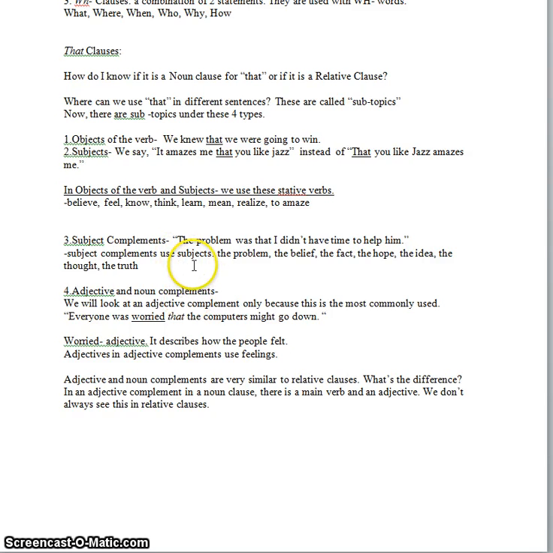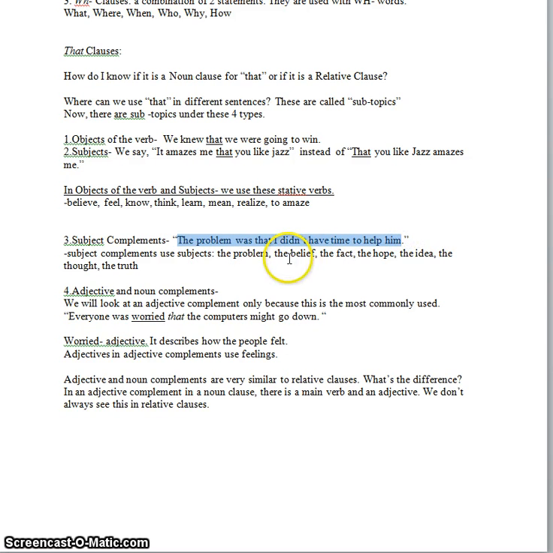Once again, subject complements are going to start with these phrases, and these phrases are your subjects.